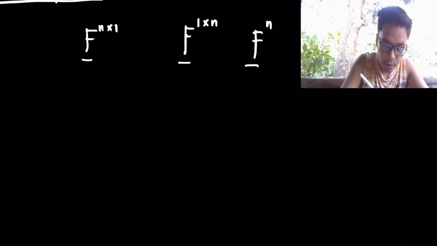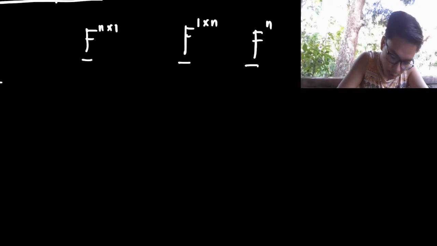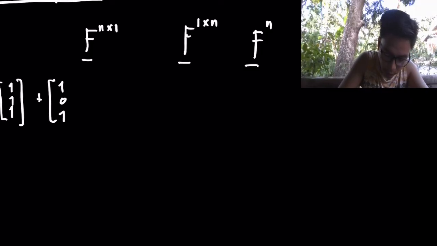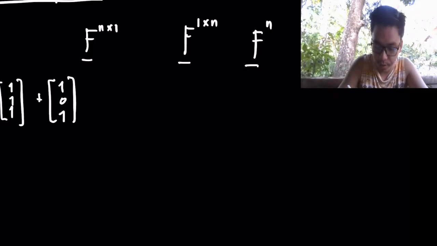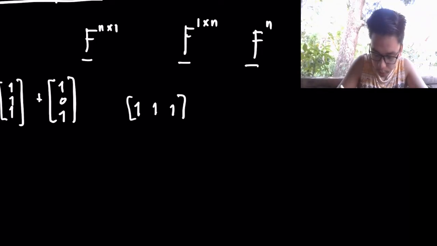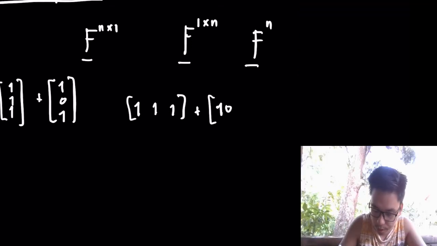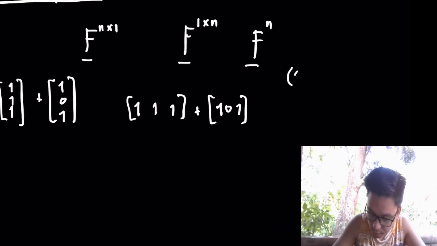Why? If you reconsider a column vector and add another column vector to it, that means you're actually adding two column vectors. This is the same way as we add with a row vector, and that's the same as when we add an n-tuple vector.